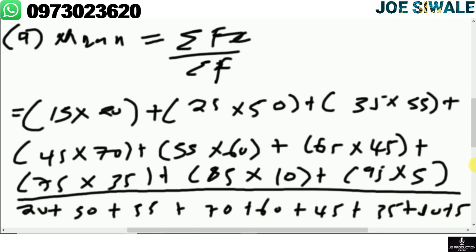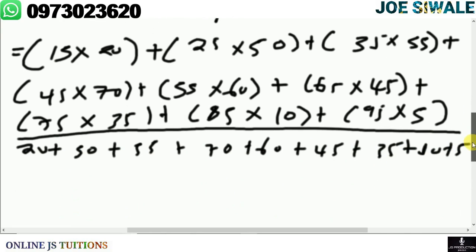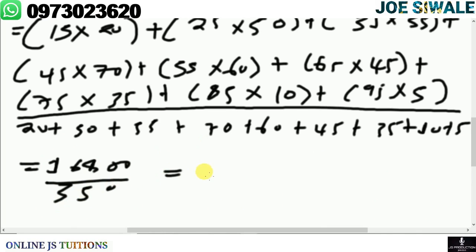If we multiply the numbers on the top and add them, the final answer will be 16,800 divided by, if we add all the numbers on the bottom, 350. And if we divide there, our mean is going to be 48. So our mean is 48.